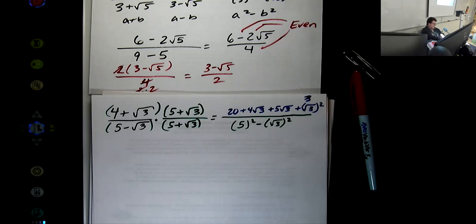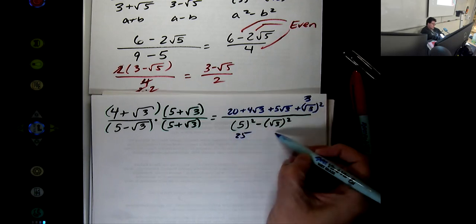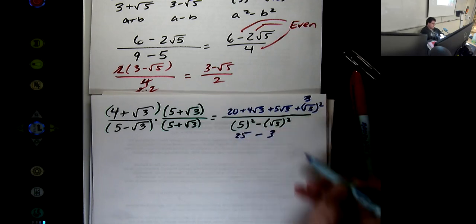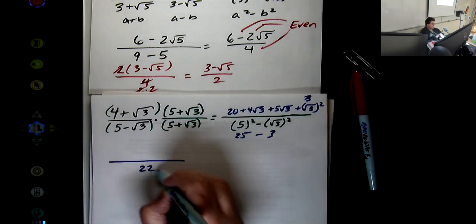So we just start combining stuff that's alike. We know 5 squared is 25, and the square root of 3 squared is 3. That's 25 minus 3, which is just 22 on the bottom.